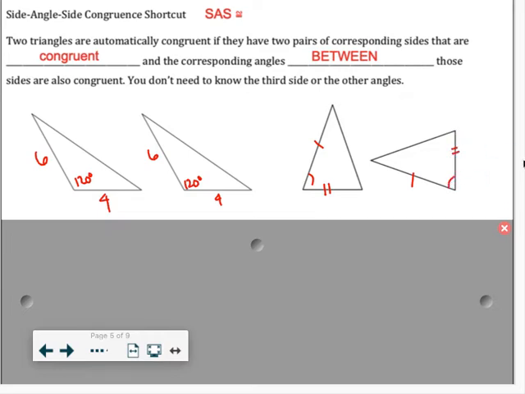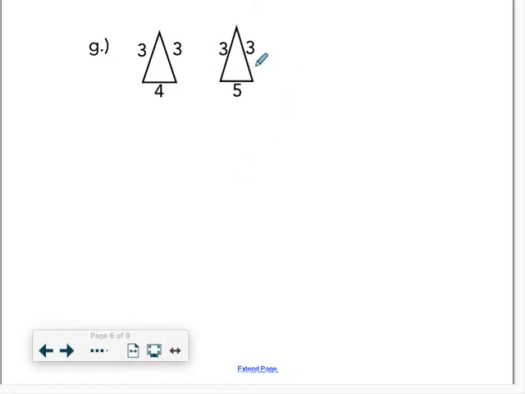So with that being said, what I'd like you to do is hit pause if you're watching this video. And actually, first, I want you to add a G. So we have A through F and a G. If you could squeeze G in down at the bottom, maybe below F. Turn the page on your note packet, squeeze in G. This is another example I'd like you to have.